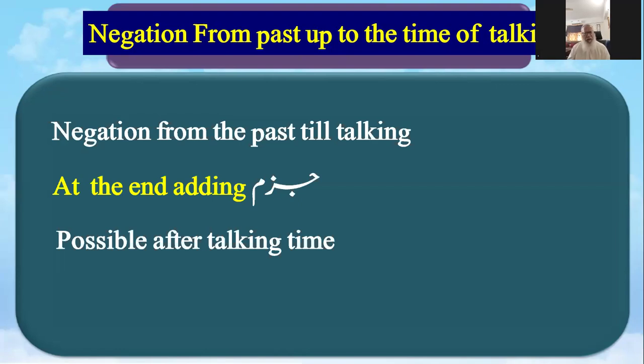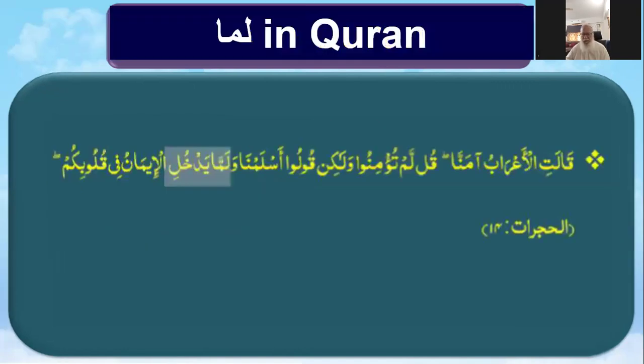But when lamma comes, it says this thing has not happened in the past, but still we are talking now, and it is possible that after this time something may happen. That is lamma. Let's have the example.